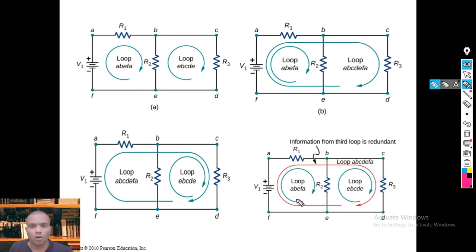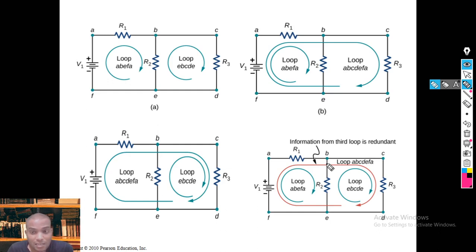Here I consider 2 small inner loops: A, B, E, F, A, which covers resistances R1 and R2 and the potential difference V1; and one more loop which covers resistances R2 and R3, that is loop E, B, C, D, E. Other than these 2, if I consider one more long loop, from A, B, C, D, E, F, A, the third long loop is not necessary because the components were already covered in the 2 loops itself.